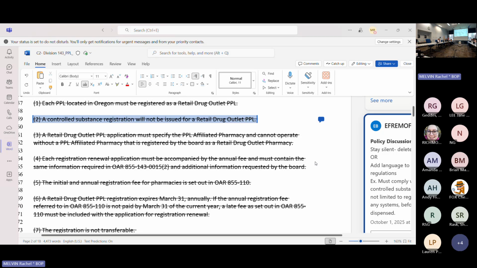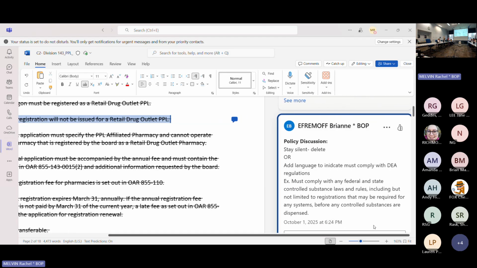Looking at the choices of staying silent or adding this other statement, I don't think the other statement is clear either, because if you weren't well versed in this topic, you might read that and think, oh, follow all controlled substance rules, okay, I'm pretty good with controlled substance rules, sounds good.